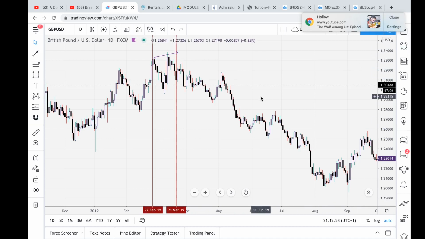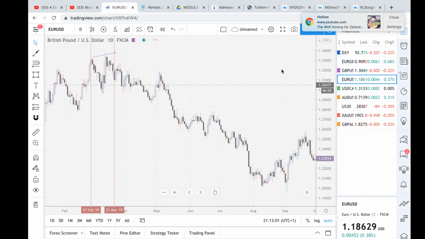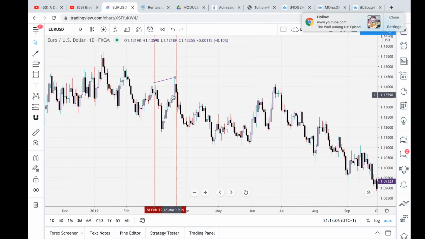Okay, so now let's look at the result from this. Look at this drop down. Let's compare that to that of euro dollar. Okay, and you can see that euro dollar failed to take out its swing low, because it made sharply higher highs.